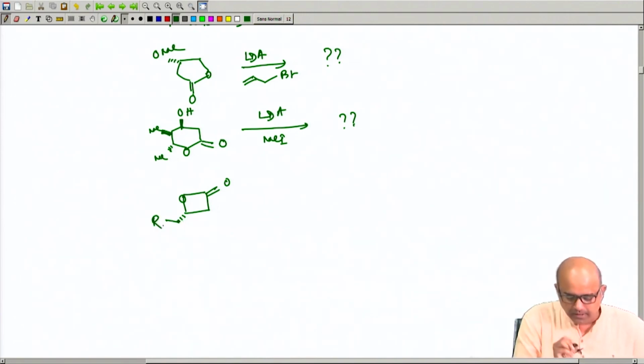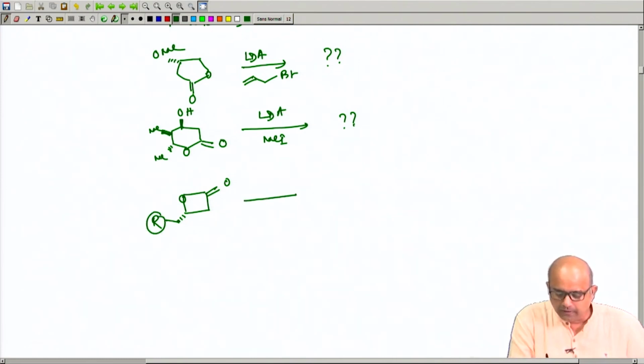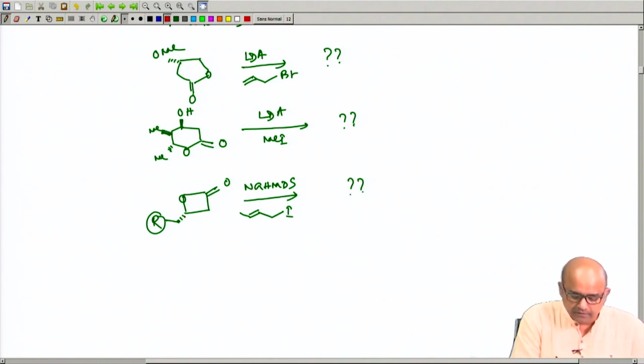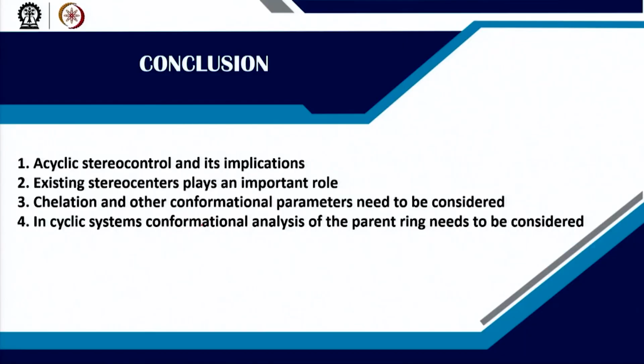I do not specifically mention the group because there is no point in discussing that one, but if you use a base like NaHMDS and then you use an electrophile like crotyl iodide, you can predict it. A simple 1-2 induction, because this is alpha, so the electrophile has to be beta. Anyway, we will talk about more things in the next week.